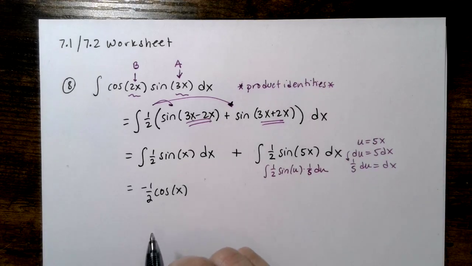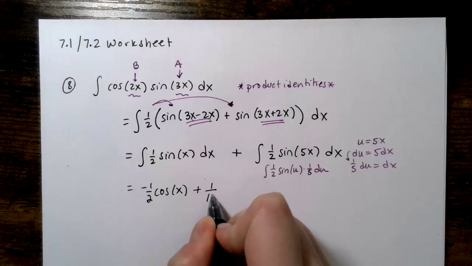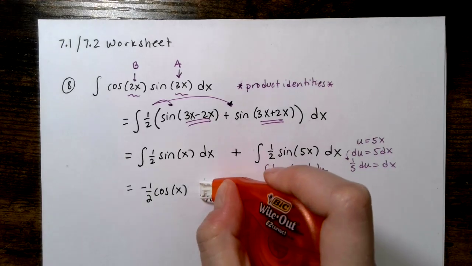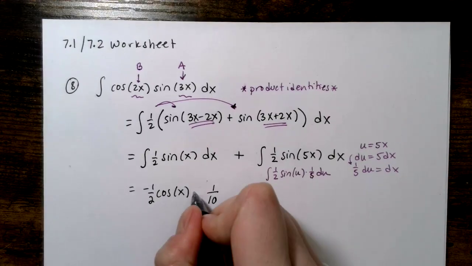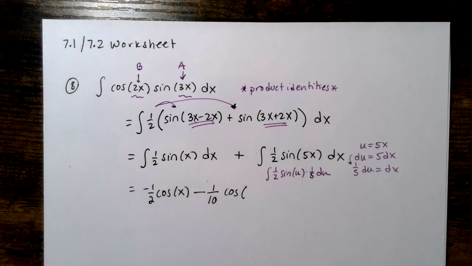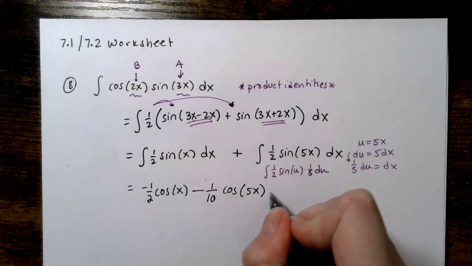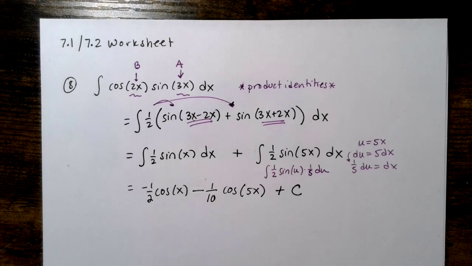Okay, so overall, this gives me a 1/10 out front from the 1/2 and the 1/5 together. Sine will integrate to negative cosine, so why don't we just make this subtraction right away? And instead of having a u in there, I'll just go straight to the 5x here, plus c, and we're done.